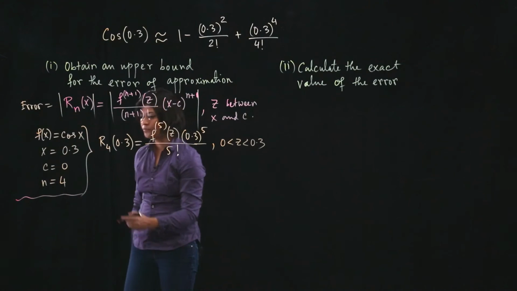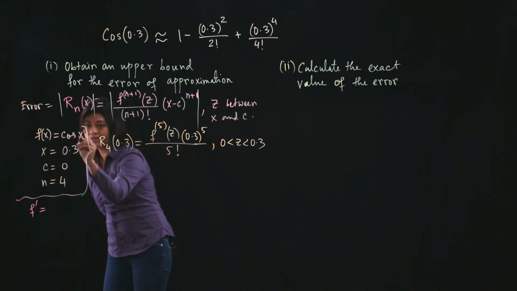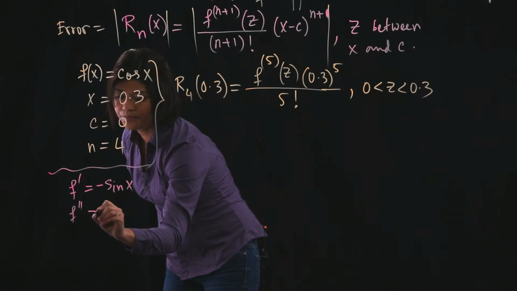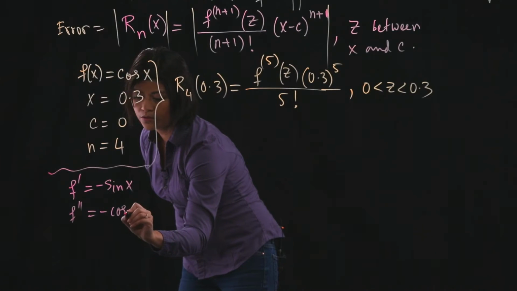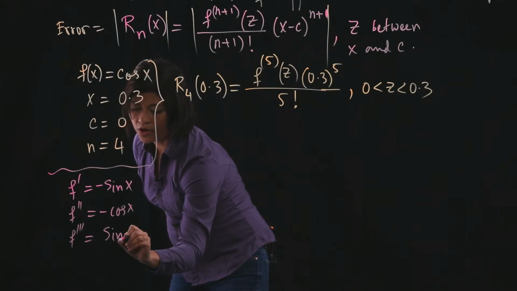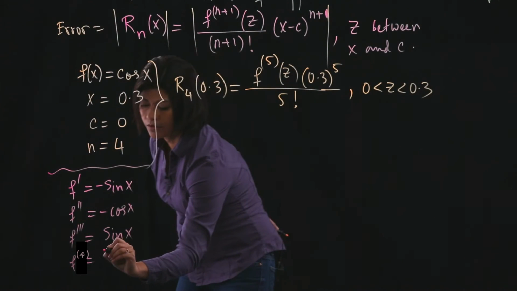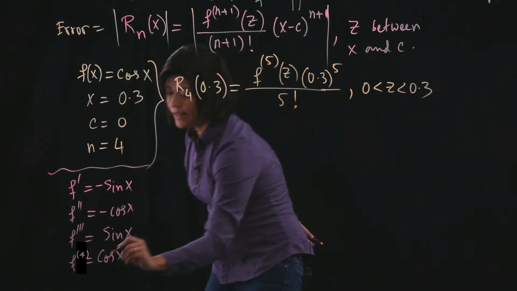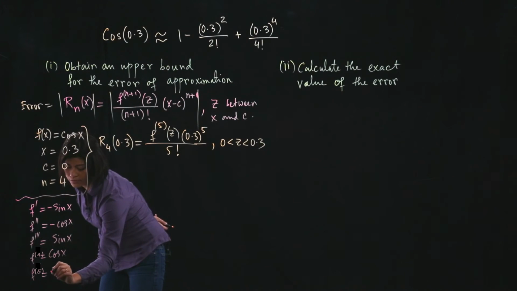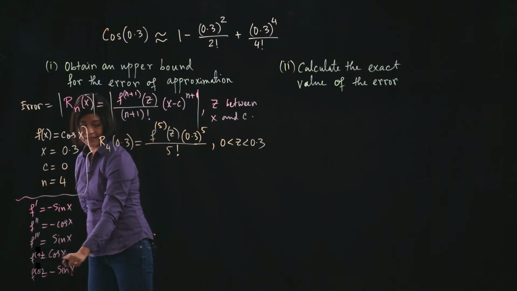So we can quickly do this. f prime is negative sine. f double prime is negative cosine. f triple prime will be positive sine. f4 will be cosine. And then f5, the one we want, is going to be negative sine.